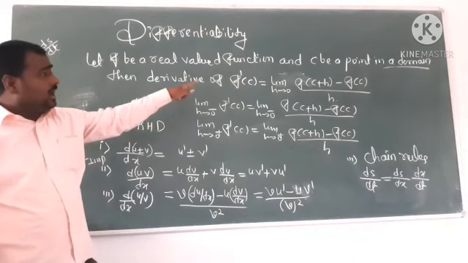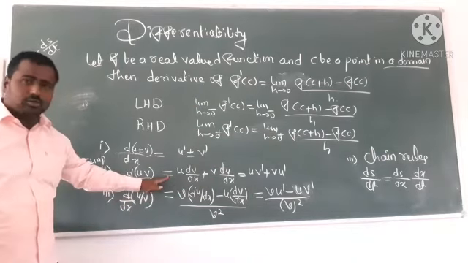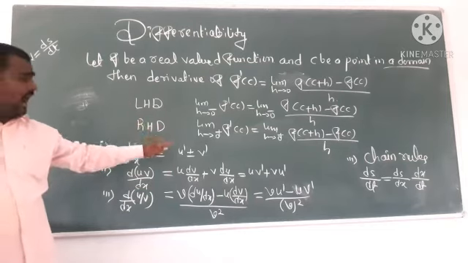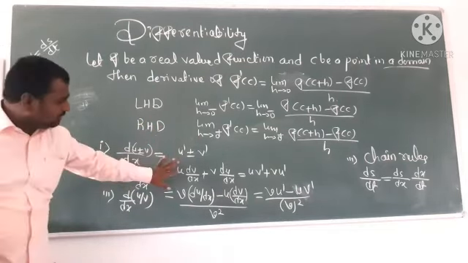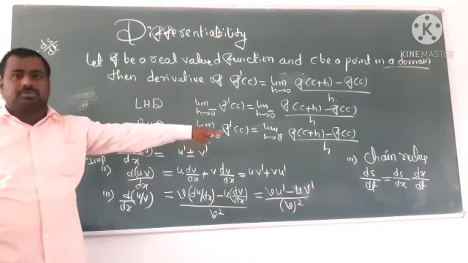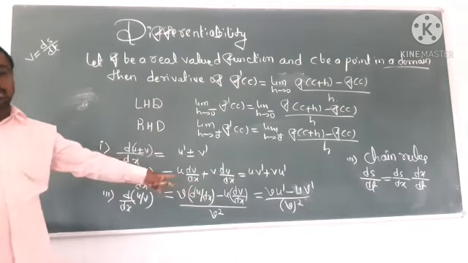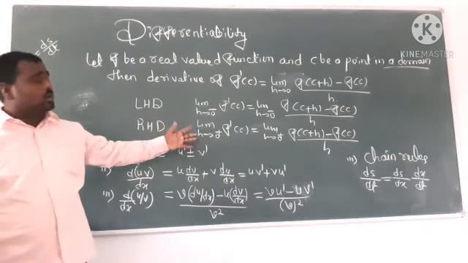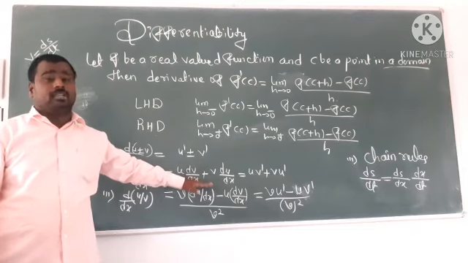LHD, RHD, chain rule, quotient rule, product rule, addition rule, and subtraction rule. These are the maximum; 1 mark, 3 mark, 5 mark questions will come from these. You can check in your question paper. A lot of differentiability and integration depend upon these problems.